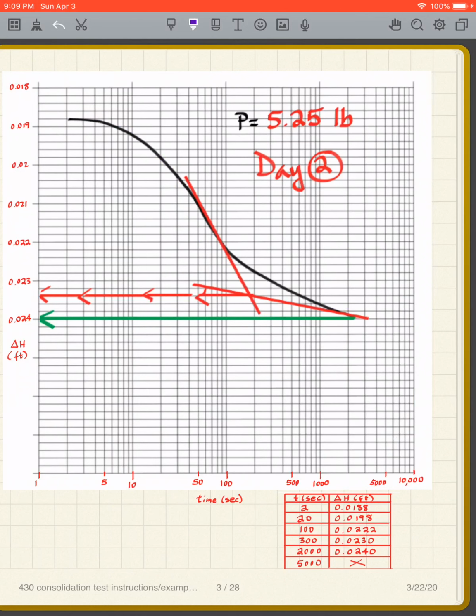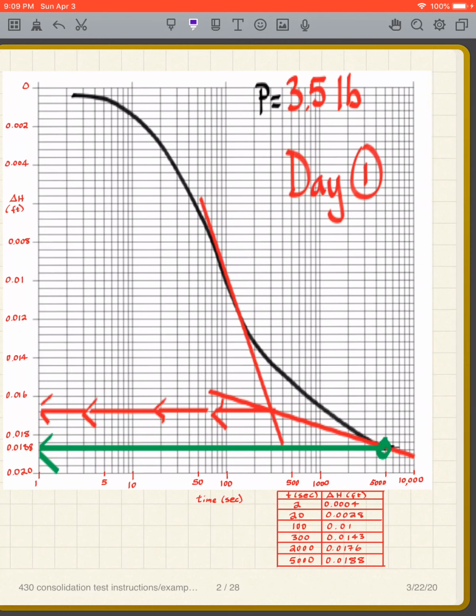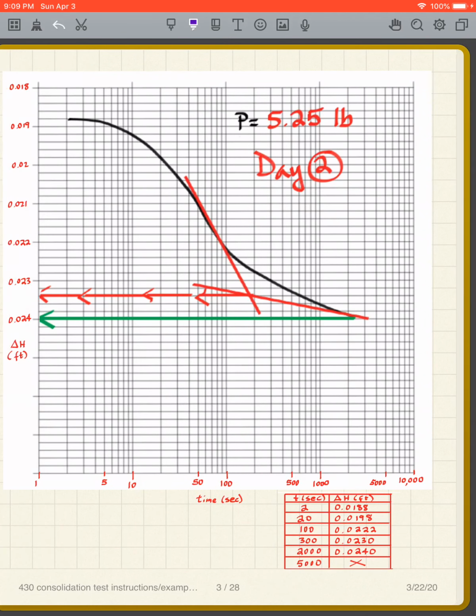So instead, I look here at what my bottom point is. So I'm looking at my bottom point, which for my delta H is 0.0188, and when I make my plot, I'm going to start pretty close to that.